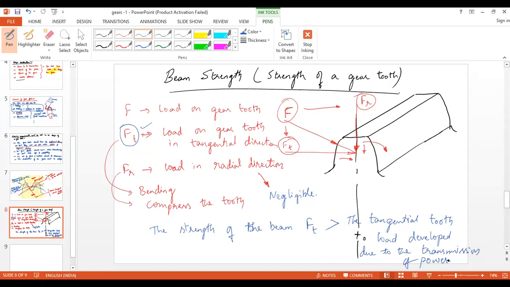The strength of the beam, that is the load carrying capacity of the beam, should be more than the tangential tooth load which is created due to the transmission of power. Have you understood this statement?